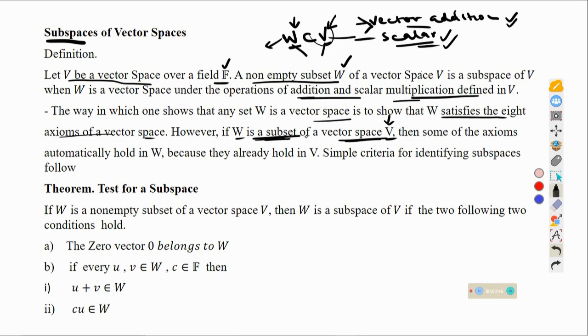If they are satisfied, then we shall say that W is a subspace of vector space V. So I hope the definition is very clear.